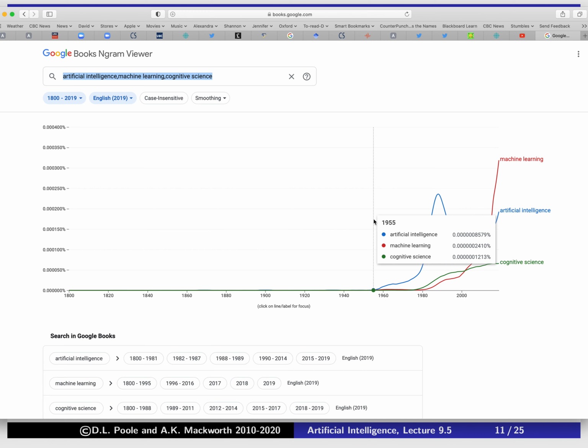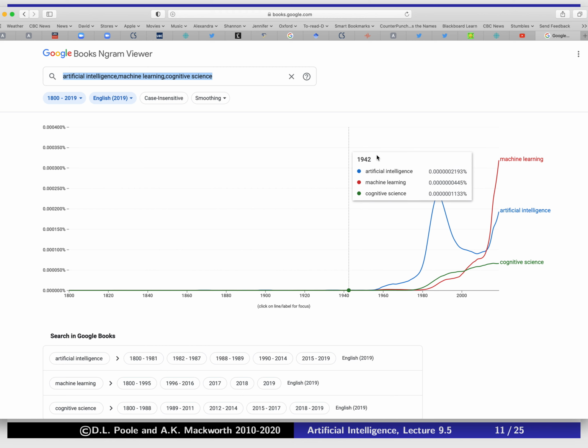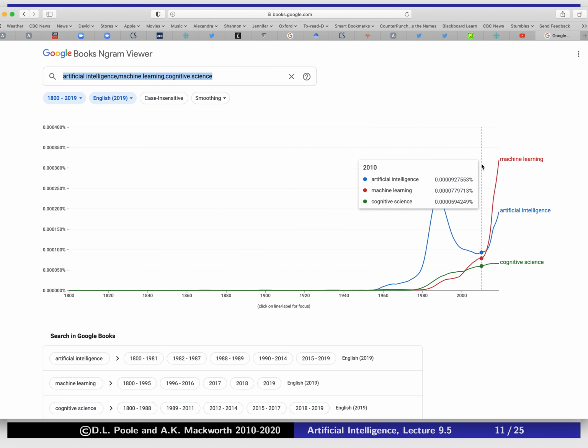And it turned out that none of these were used until about 1955 when artificial intelligence started to be used. Cognitive science started off in the late 70s. And machine learning started off just before 1980 and has recently become more popular in the English language than artificial intelligence. Okay, it's of course a lot less than logic.